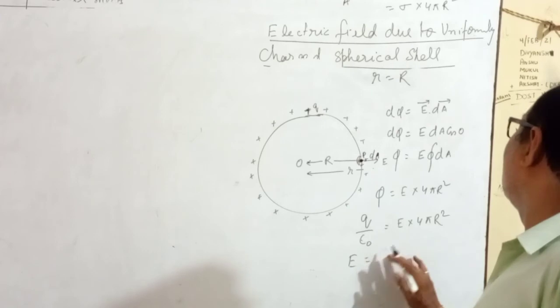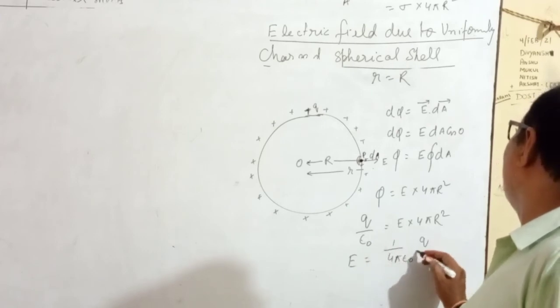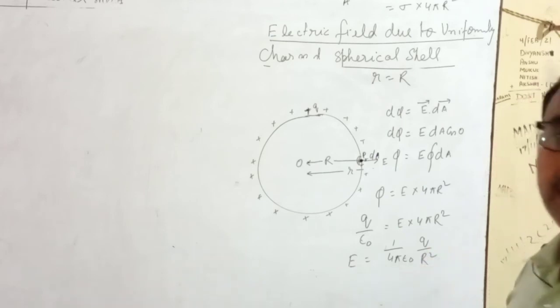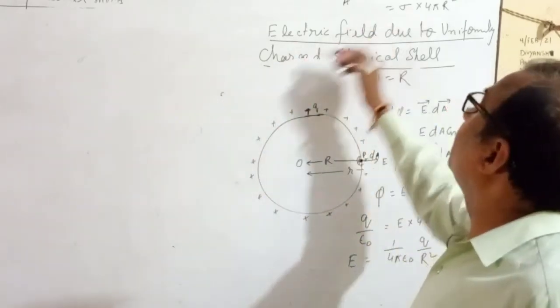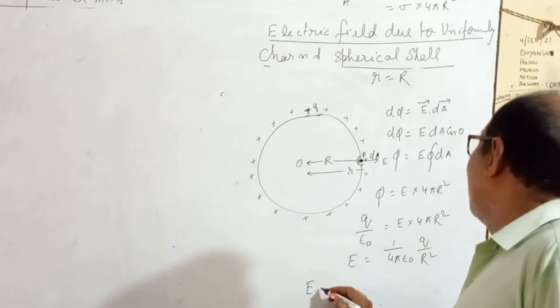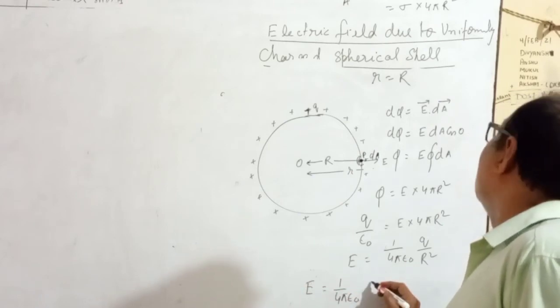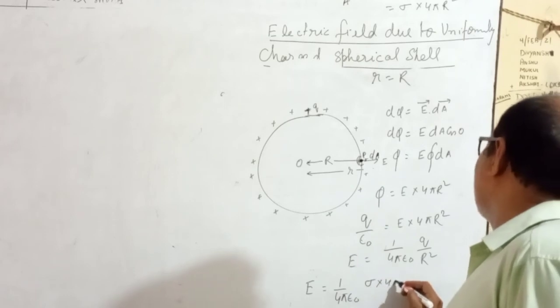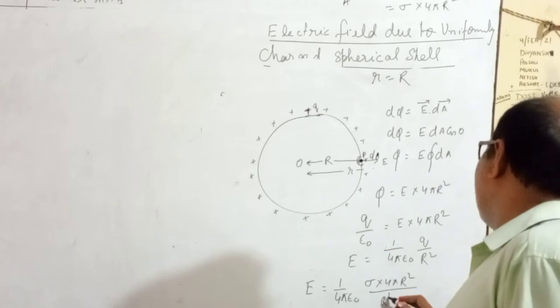So E equals 1 upon 4 pi epsilon naught Q upon r square. As you know, Q equals sigma into 4 pi r square. You put it here: 1 upon 4 pi epsilon naught, sigma into 4 pi r square upon r square.